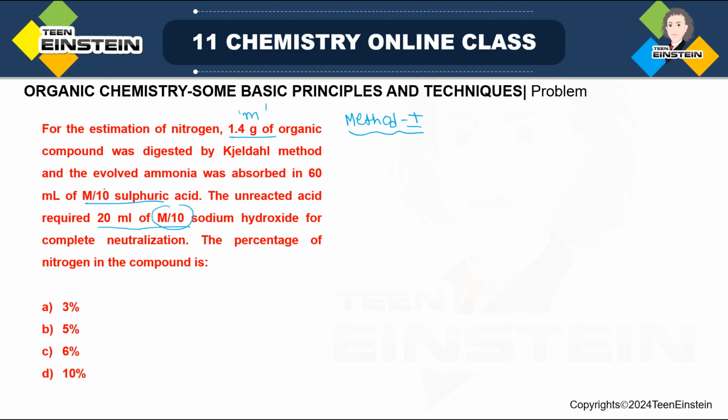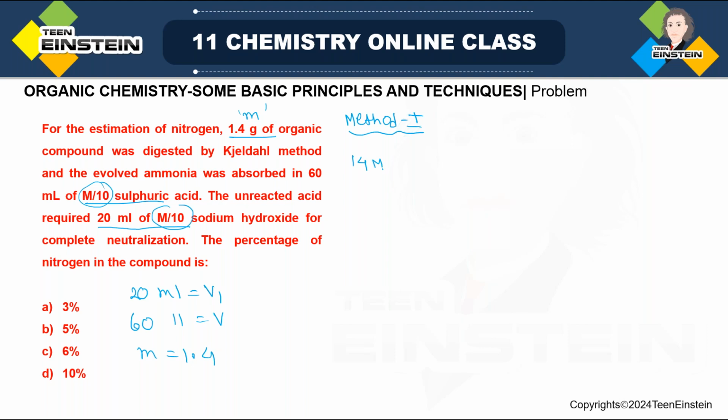So molarities are same, so directly you can put the volume in the formula that we have just determined. So here 20 ml will be basically V1, and 60 ml will be basically V. And M you already know, which is 1.4.